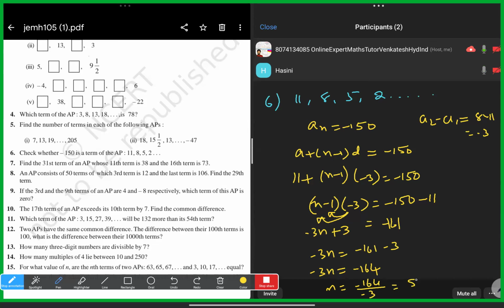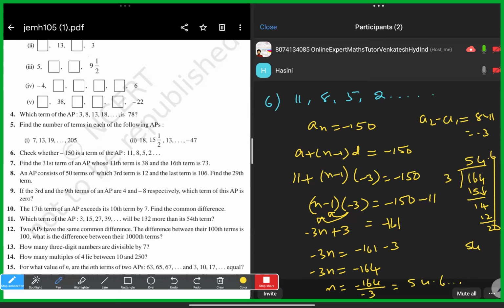If you do 164 by 3, we will get it as a mixed fraction. 54 point something you will get. We continue the division, 54.6 something like that.